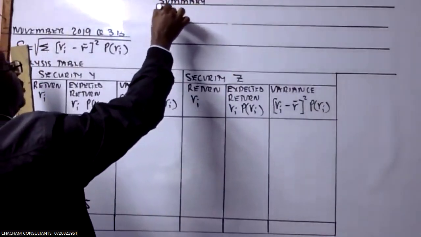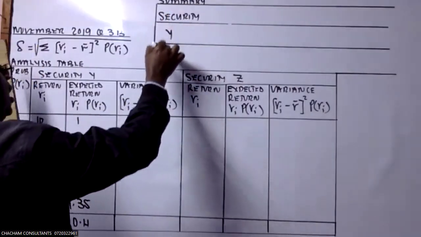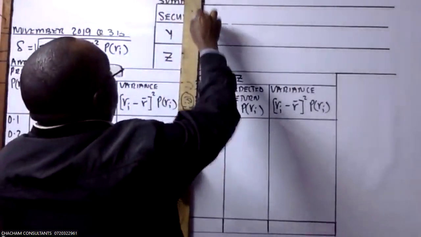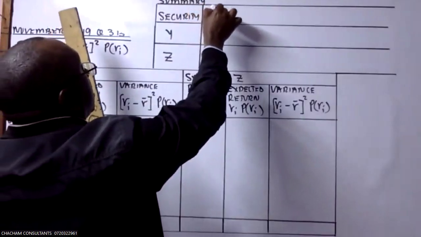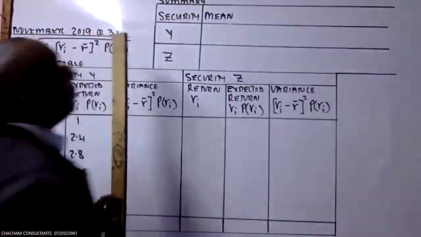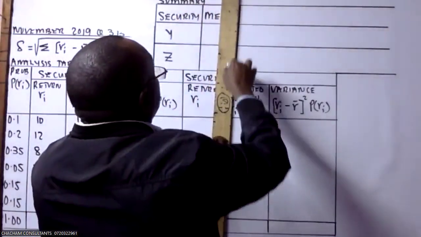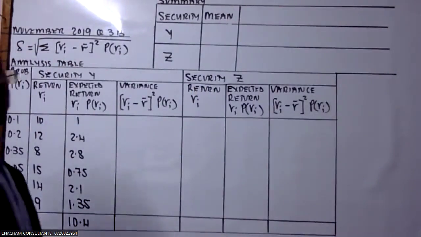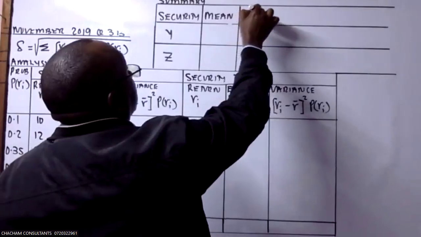So here we have security Y and security Z. So we start with the mean. The mean. Then we will come to find the variance.